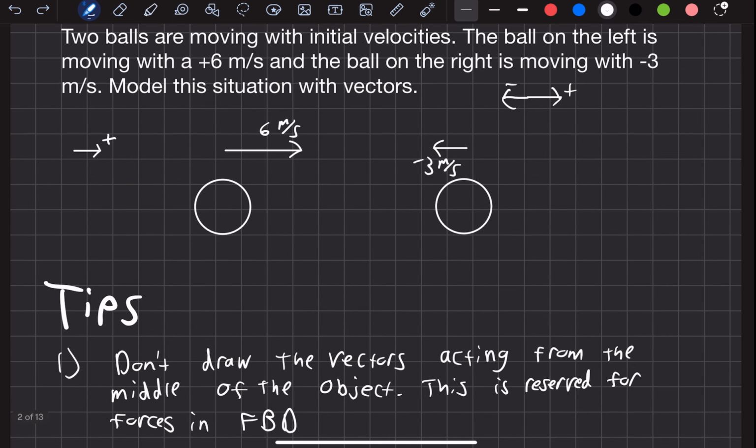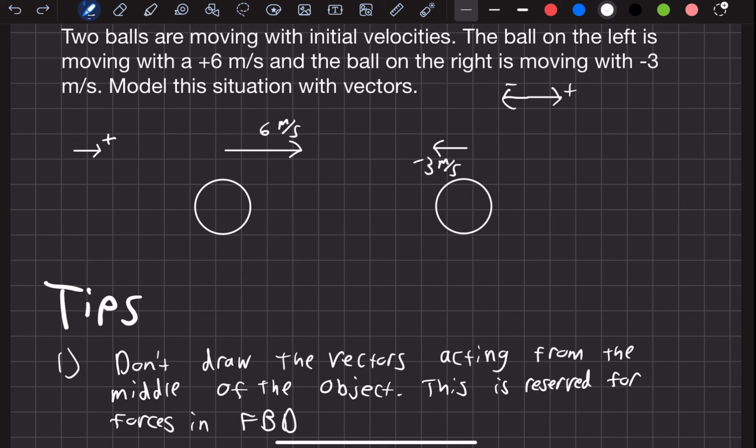One thing I should point out, though, is that we are not going to draw, at least in this class, velocity vectors directly in the middle of the object. And the reason for that is because we just learned how to draw free body diagrams. And free body diagrams, you put the force vector, starting with the tail, in the middle of the object that is getting the force applied to it. So we want to just distinguish it from force vectors.